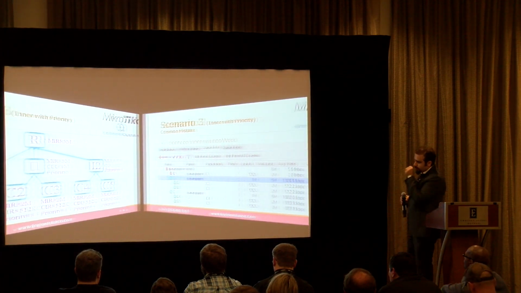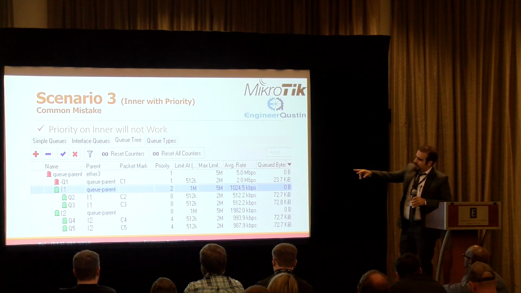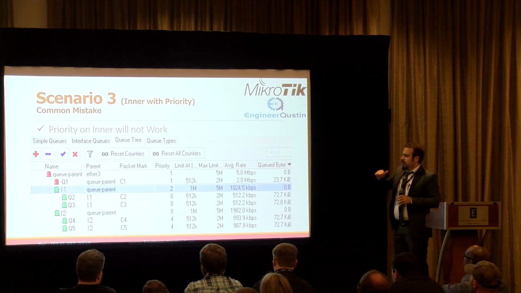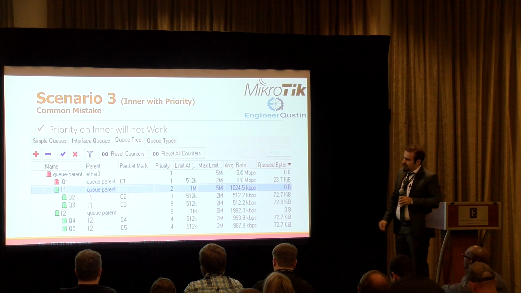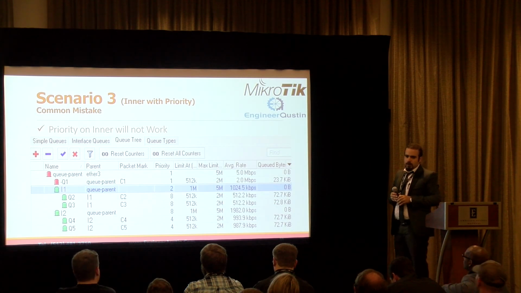The result is that the inner queue with the highest priority can't take traffic for the leaf queue, and its priority in the inner queue will not work. Please don't do that.